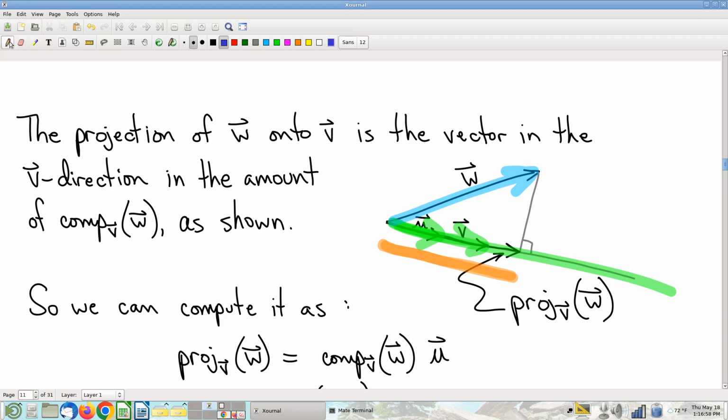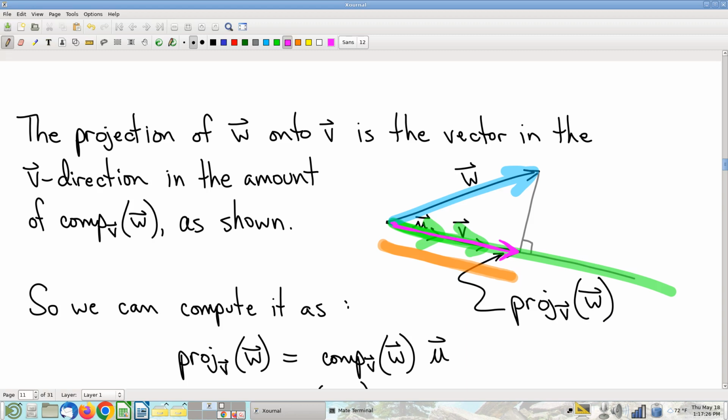The related, new, different idea is to ask not what is this distance, but what is this vector that points in the direction by an amount, which is the component. Right? So let's make sure to distinguish between orange and purple here. Orange is a scalar.